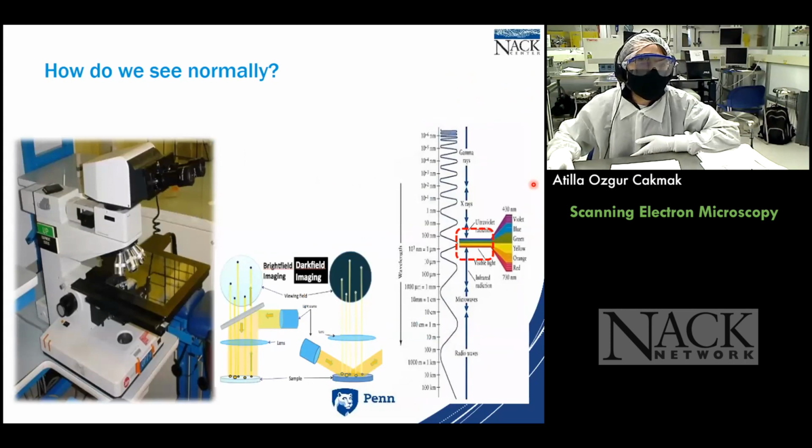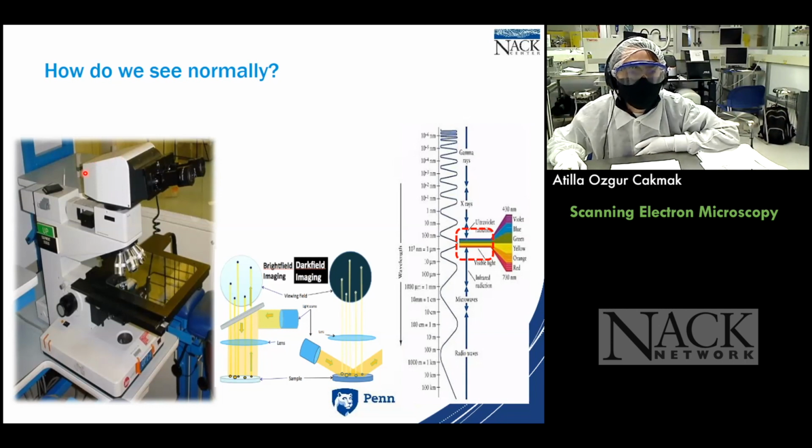All right, so what went wrong, or what is really missing with conventional imaging? This is an optical microscope. I'm sure everyone must have used one at some point in their life. We have a light source, and we shine it through the complicated, expensive lenses that we have here, but it could be a simple $10 optical microscope too.